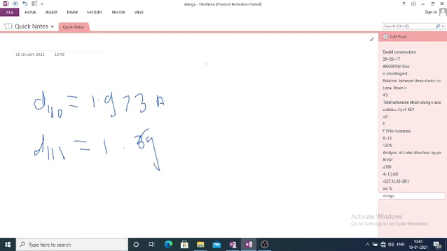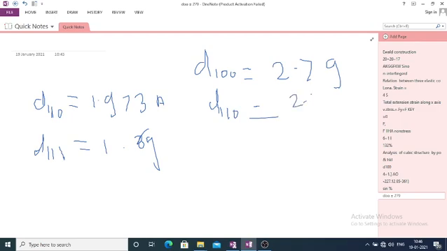Now you can use your d100, which is 2.79. If you use it for d110, it is equal to 2.79 divided by under root 2.